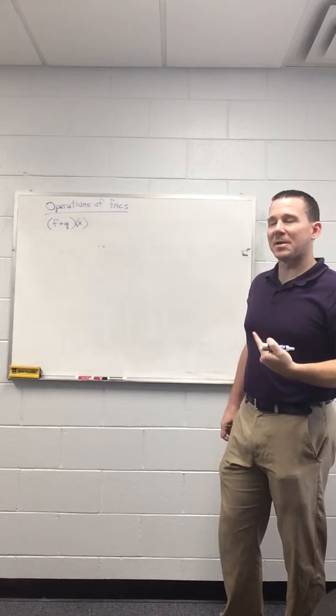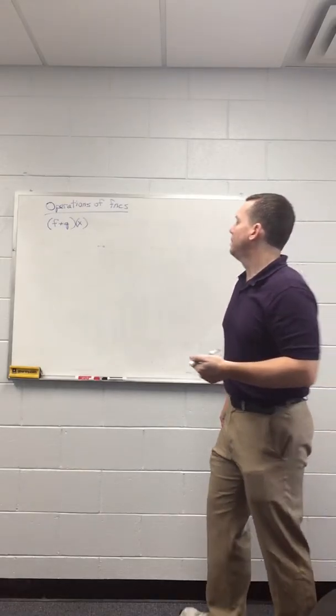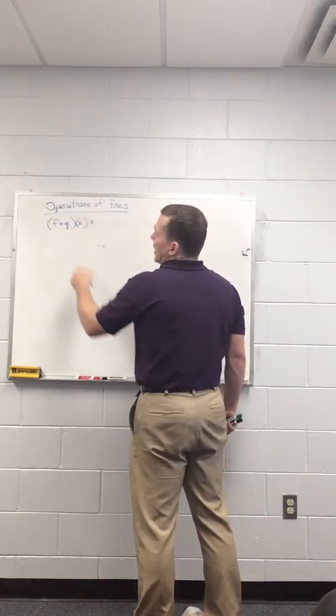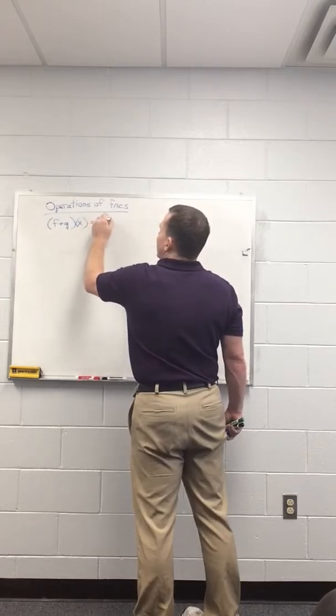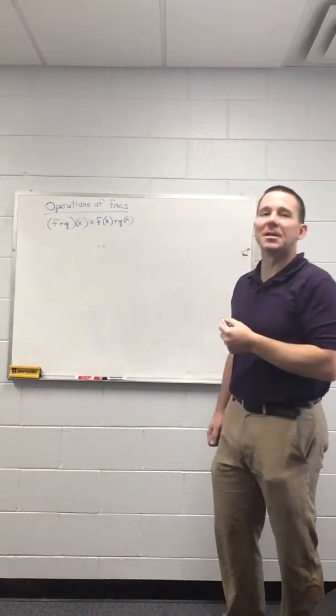We're not going to spend a lot of time on these. These properties are pretty straightforward because, well, all things being equal, they're pretty obvious. If you want to find f plus g of x, you do f of x plus g of x by definition.